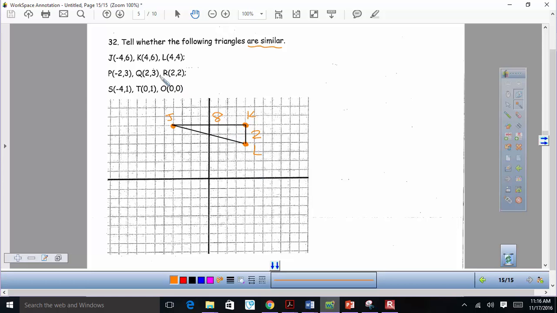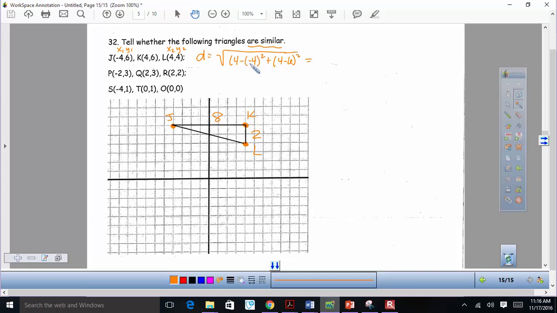So I'm finding the distance from J to L. Distance is x2 minus x1, so 4 minus a negative 4 squared plus 4 minus 6 squared.